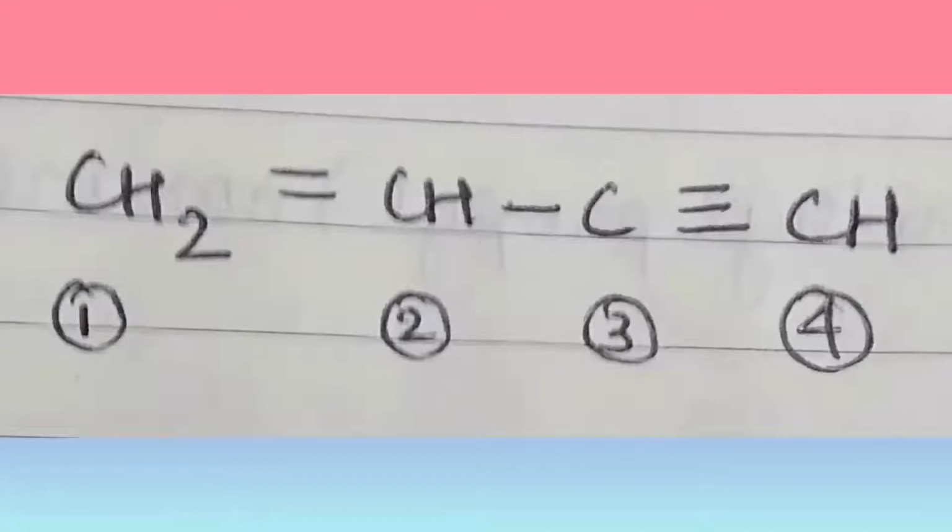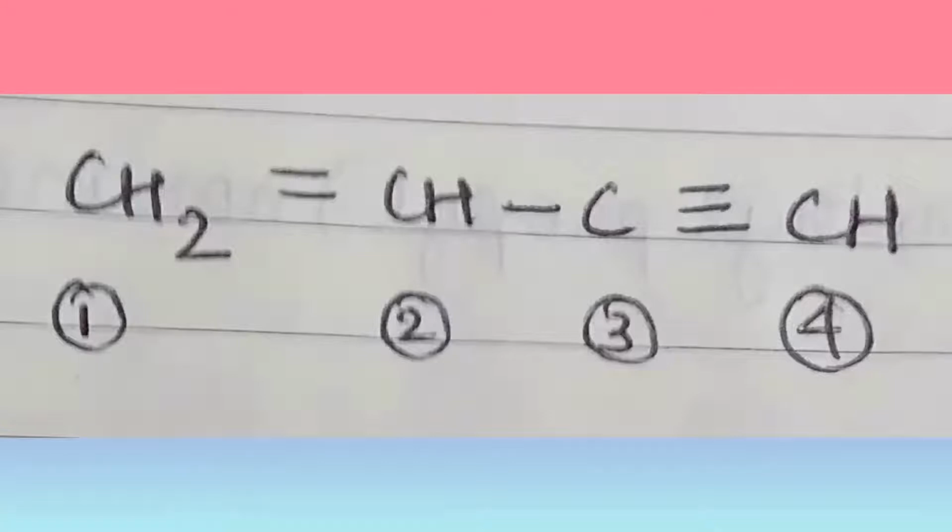Now coming to the main cases, there are two cases in naming when a double bond and a triple bond are present in the same compound. If these bonds are present at the extremes of the carbon chain, we are in a dilemma about which one to give more priority.